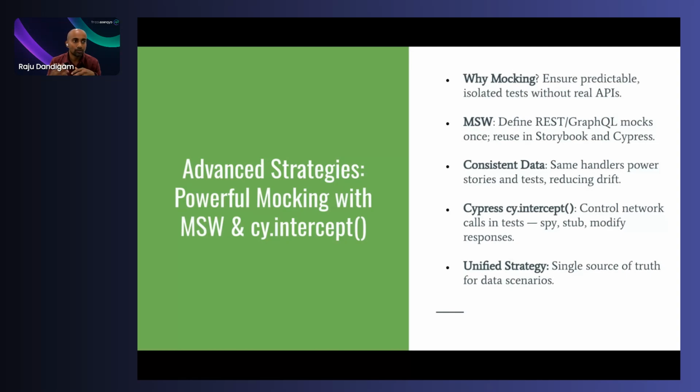We can also use Cypress intercept to control or spy on network requests dynamically during test runs. Combining Mock Service Worker and intercept, we can have predictable and isolated tests and a unified mock strategy across development and QA.